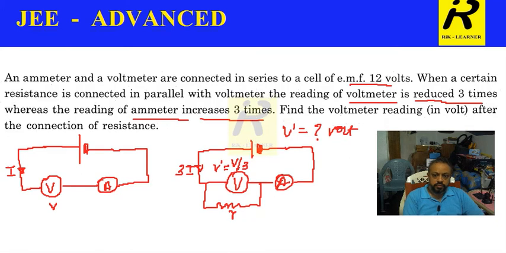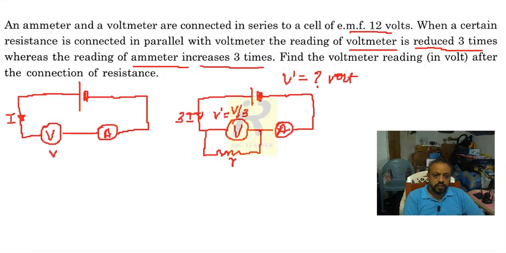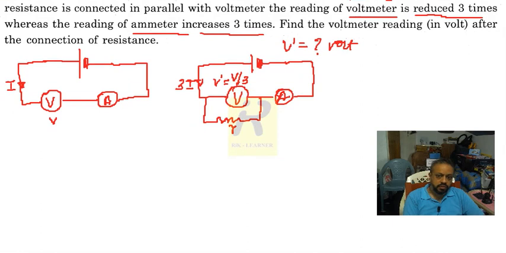For this situation, I am doing the calculation like this. I simply consider this circuit. This is V, and the resistance of the ammeter is still unknown. I simply call it some R, whatever it is.